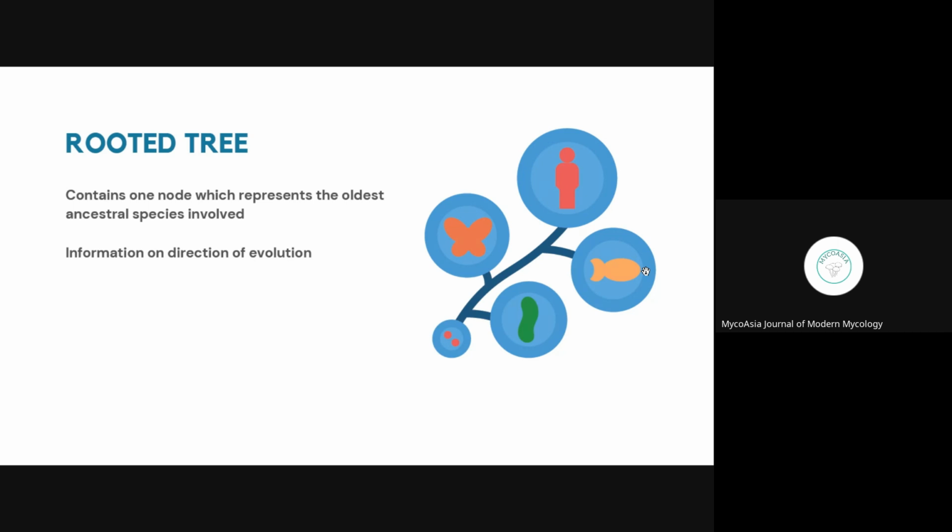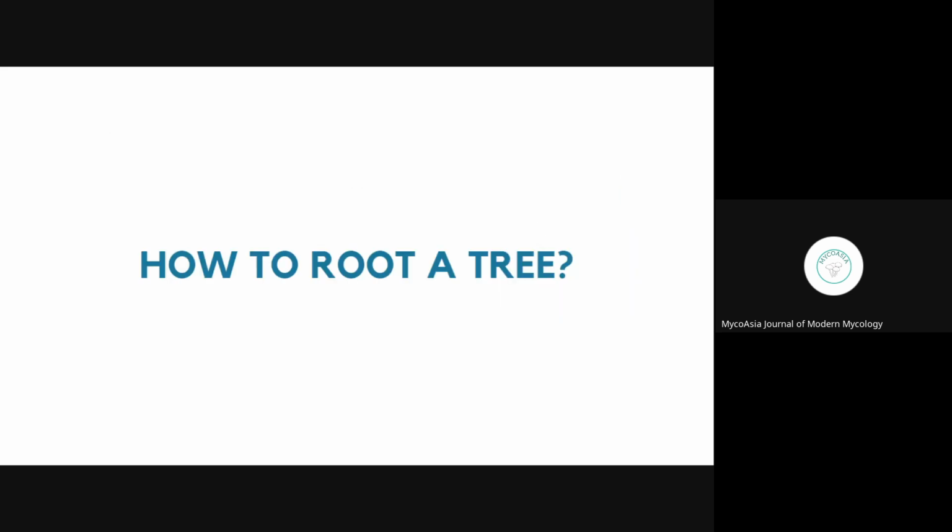If you're studying human beings and fishes, then the butterflies can be outgroups. If you're studying butterflies, humans, and fishes, then a lower organism, for example, a bacterium can be an outgroup. When I say outgroup, it is a root.